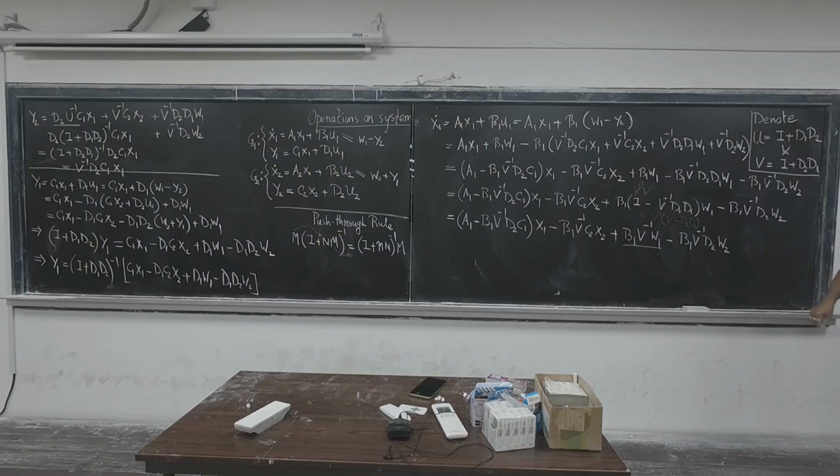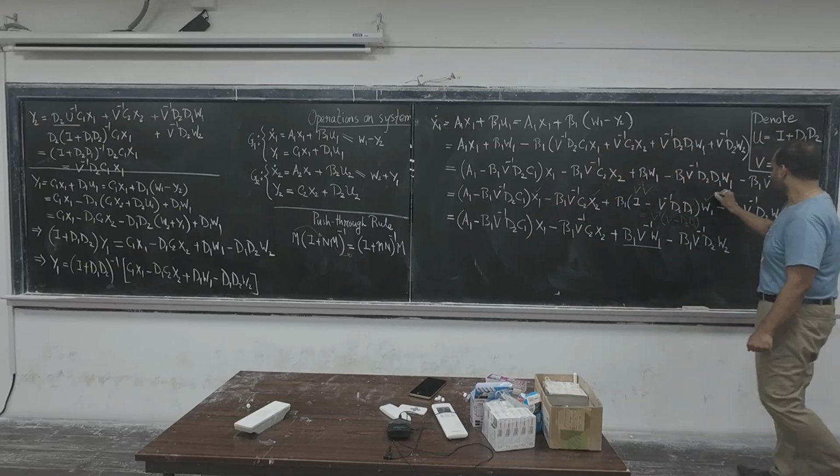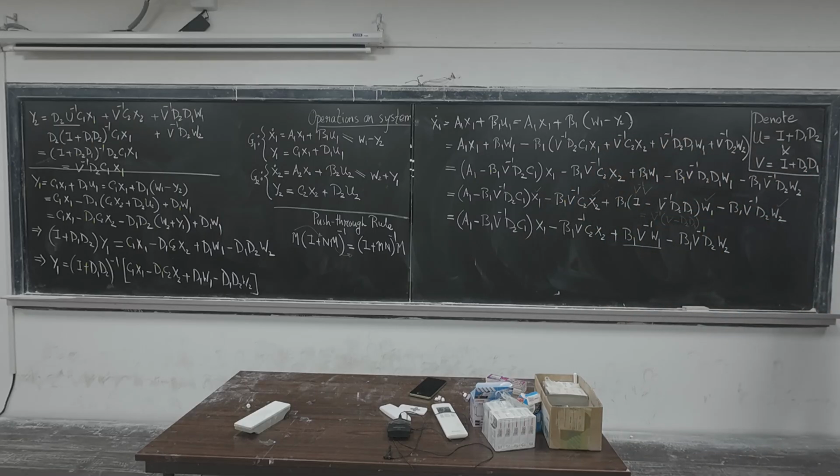And here, as you mentioned, some of them are vectors, some of them matrices. What are the vector terms? Only the rightmost terms are vector. Like here, x1 is a vector, x2 is a vector, similarly w1, w2. B1 and C1 are matrices, not vectors. How can they be vector?